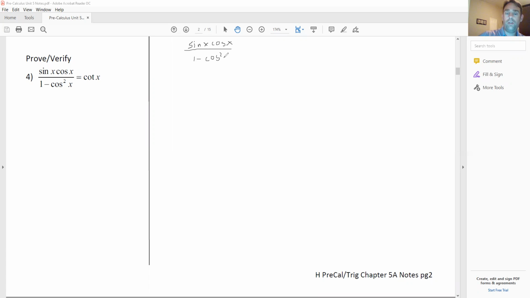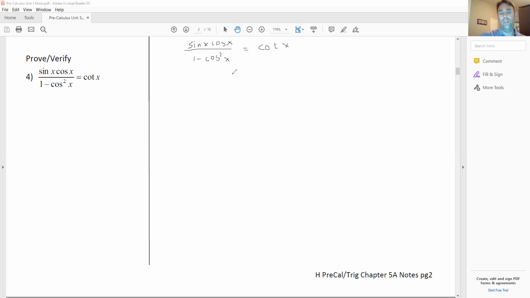And how do we know when we call it a day? When it looks like the other side. So I'm going to pick the side that I think is ugly, and do everything I can to it until I make it look like the other side, and then I say, all right, now the two sides are equal. I'm good. But the key here is I can only play with one side.